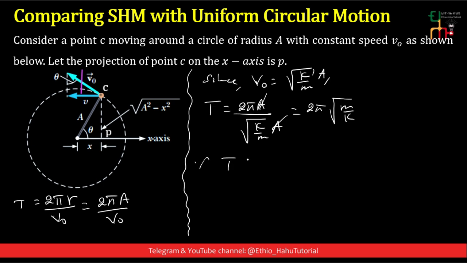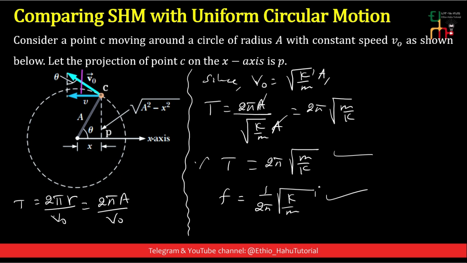Therefore, the period of revolution is 2 pi the square root of m over k, and the frequency of revolution is 1 over 2 pi the square root of k over m. This is the period of revolution, and this is the frequency of revolution. And this is the period of simple harmonic motion.